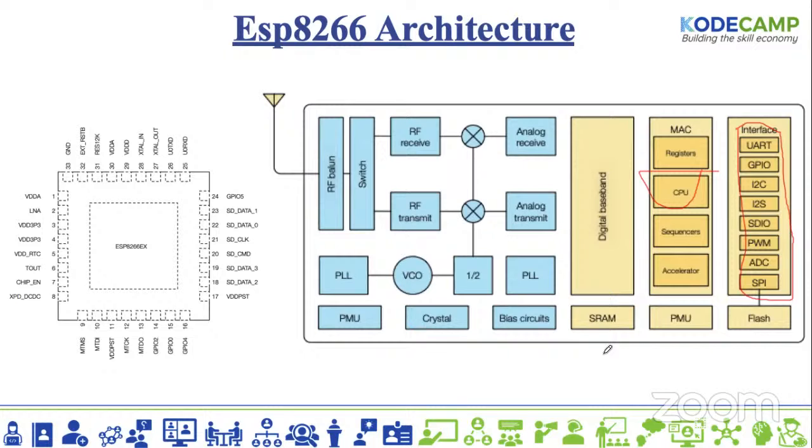Then the soft AP plus station mode means that it can broadcast for other people to connect, and then it can connect to other people.